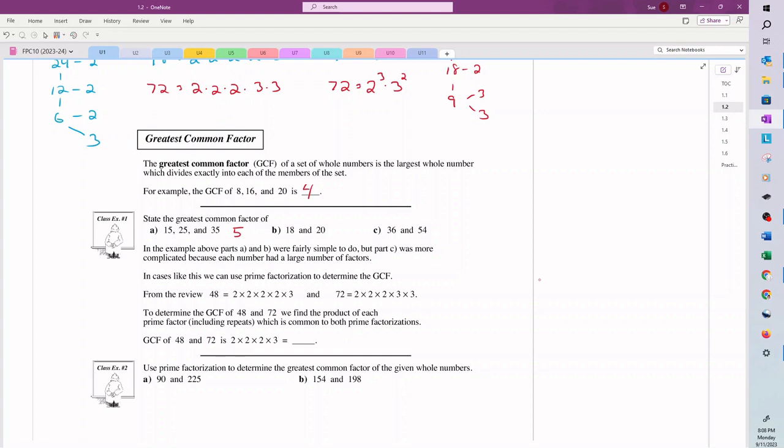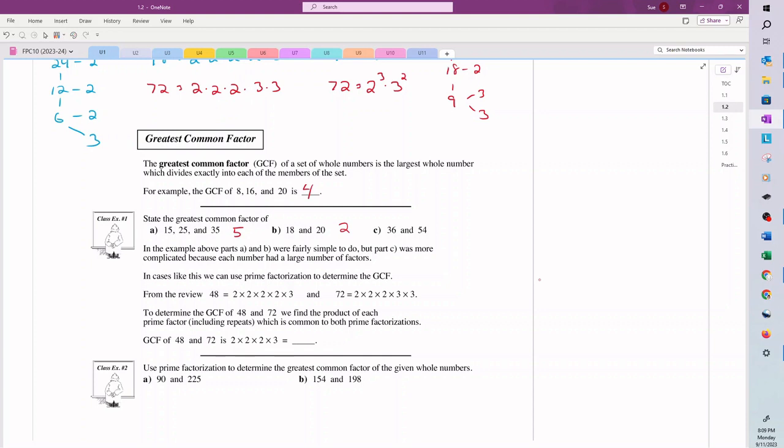18 and 20, the greatest common factor of that is 2. Now, the greatest common factor of 36 and 54, that's a little bit harder. For now, we can do it just by listing all of the factors of 36 and all the factors of 54, and find the biggest factor common to both.